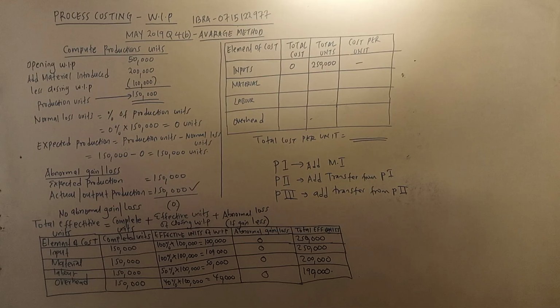Now let's go to input material. What is the total cost for material? Let's go back to our question. You can see we have valuation there. We have material 250 and cost of material 1 million. So you add the two.